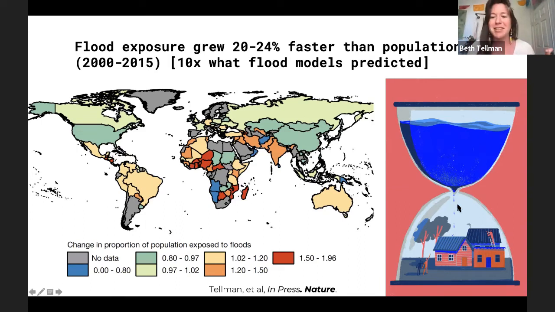What that means, and this is the art to illustrate this point, is that people are building more in places that have been recently exposed to floods than places that are not, writ large at a global scale. A lot of that is concentrated in these orange and red countries in sub-Saharan Africa and Southeast Asia, but that's a really difficult development trend.